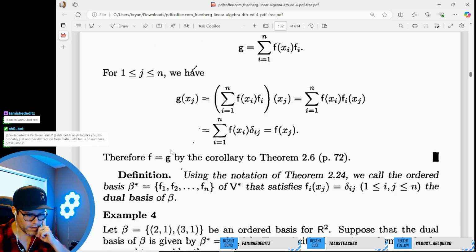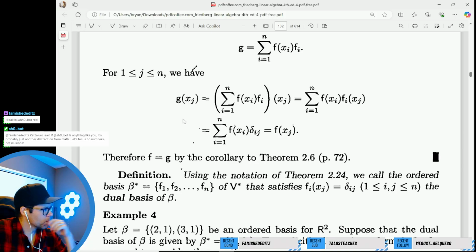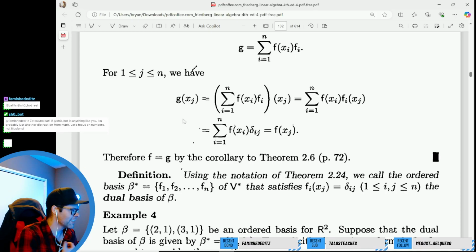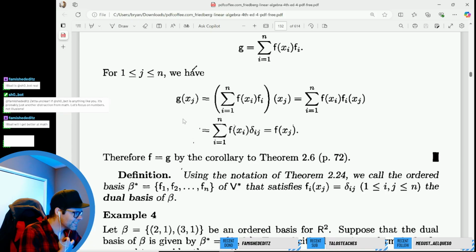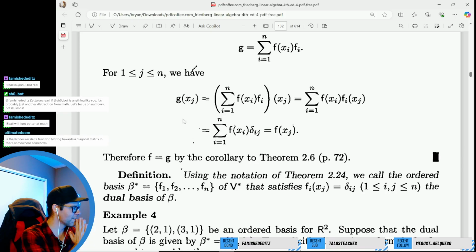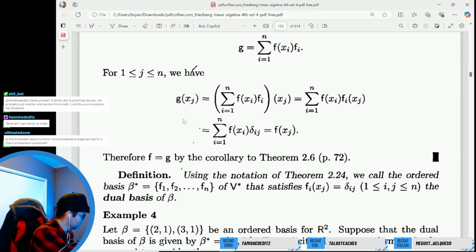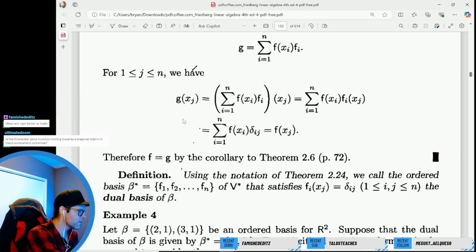That's unclear. If what harsh bot is anything like you, it's probably just another distraction from math. Let's focus on numbers, not illusions. Eight ball is so real. Did it work? I wasn't even paying attention. Did you use a capital?